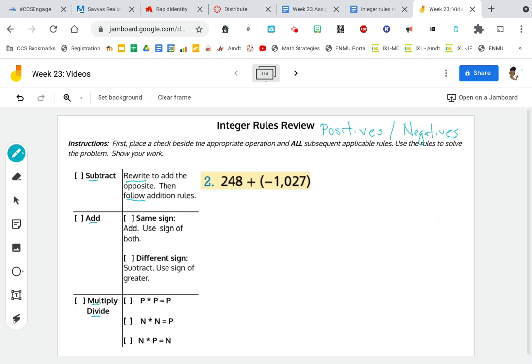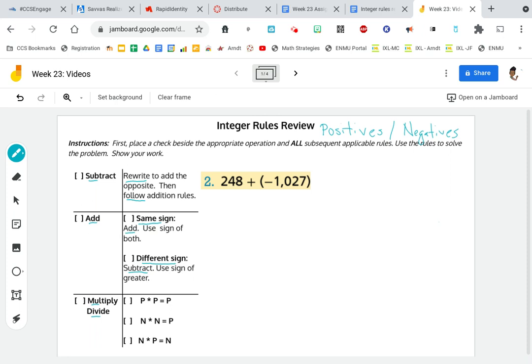If we are adding and we have the same sign, we add and then use the sign of both the numbers. However, if we have different signs, we subtract and use the sign of the number with the greater absolute value.